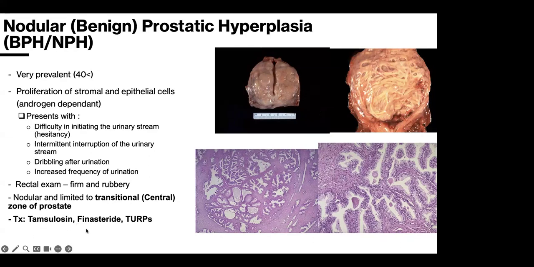Treatment is tamsulosin, an alpha antagonist, finasteride, and TURP. TURP is basically you go in, and if it's really big, you break it down into a powder and then you take it out. Finasteride, I believe, is an androgen receptor antagonist. It's also used for hair loss. In the rectal examination or the DRE, it's firm and rubbery.